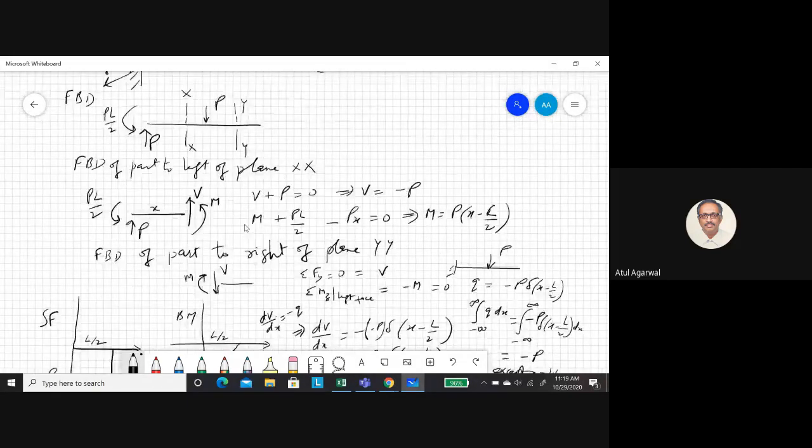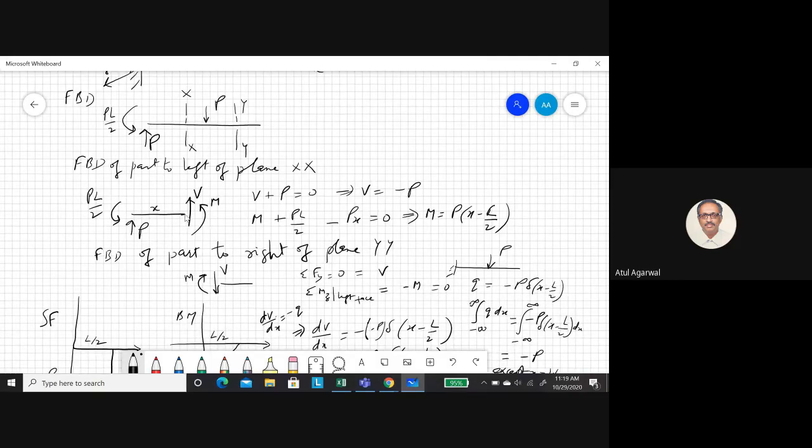So we draw the free body diagram of the part to the left of plane XX. Plane XX can be anywhere between 0 and L by 2. So you draw the free body diagram at position x, and you take this plane XX. So these are the force and moment coming from the support.